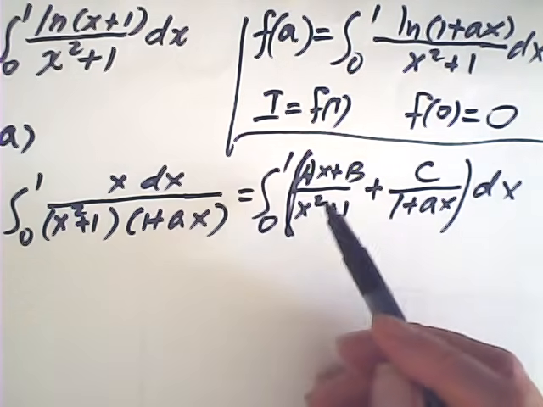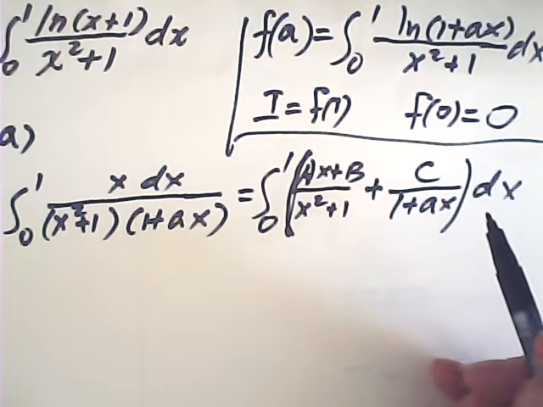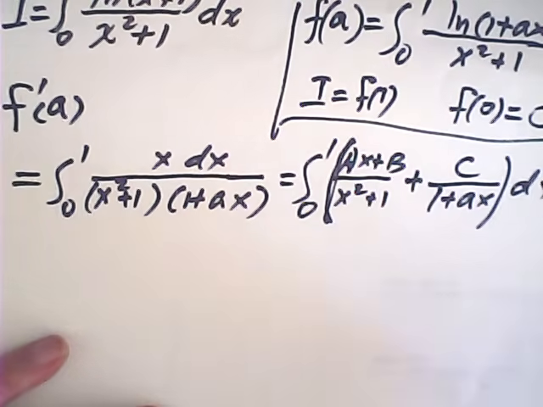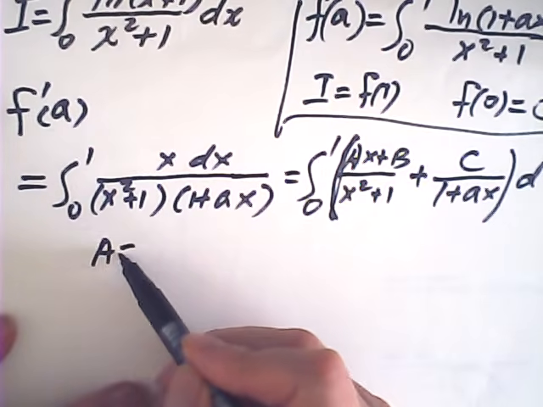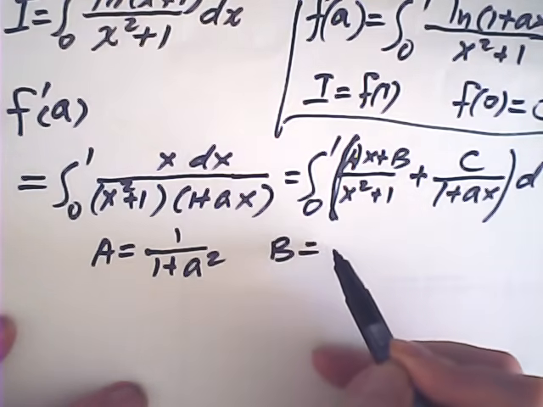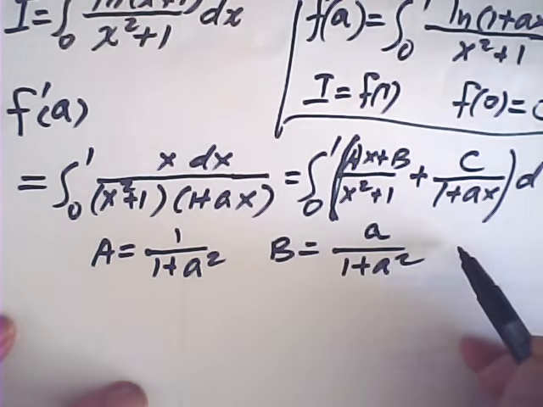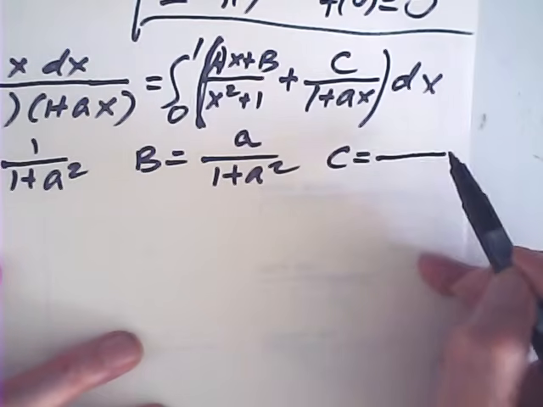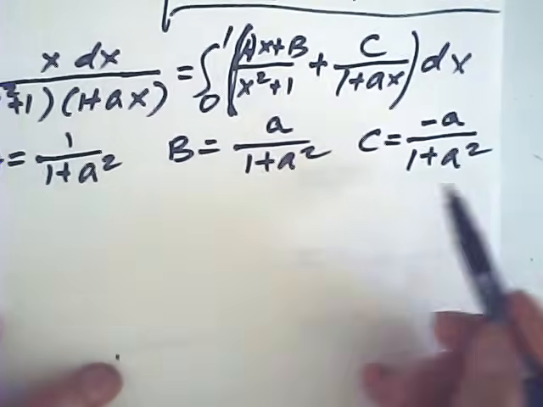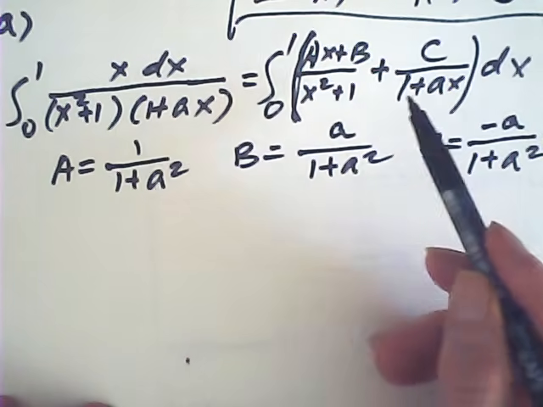Let me omit the details to find A, B, C. You must be familiar with this, right? Let me write: A is equal to 1 plus 1 over a squared. B is equal to a over 1 plus a squared. C is equal to negative a over 1 plus a squared. These are just algebraic work by comparing the coefficients.